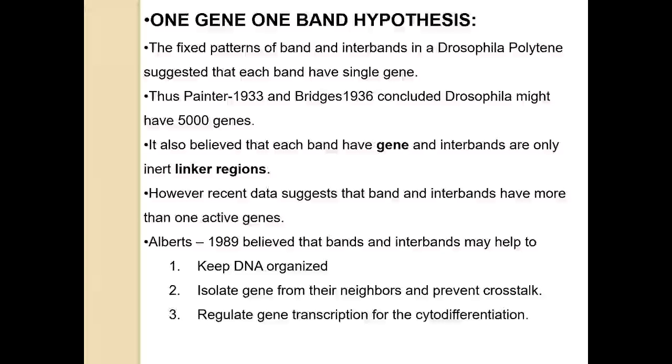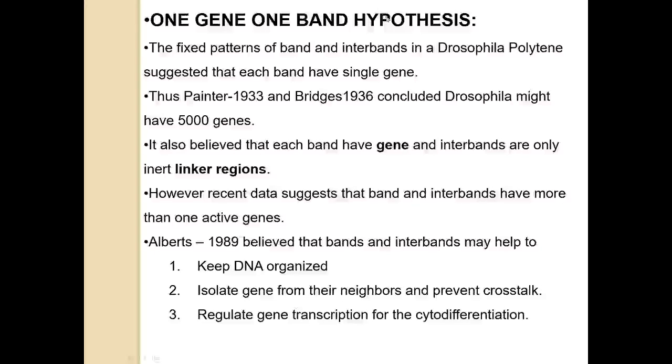The next is the one gene, one band hypothesis. According to this hypothesis, the fixed pattern of bands and interbands in Drosophila polytene chromosomes suggests that each band has a single gene. Thus Painter in 1933 and Bridges in 1936 concluded that Drosophila might have 5000 genes. It is also believed that each band has a gene and the interbands are only inert linker regions.